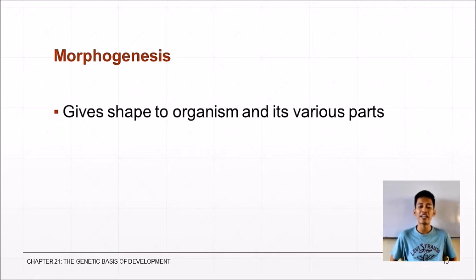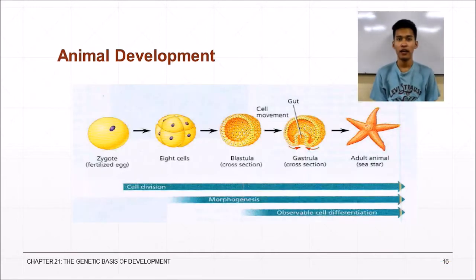However, morphogenesis in plants and animals has significant differences. In animals, but not in plants, movements of cells and tissues are important for embryonic development. This movement gives the three-dimensional shape of an organism. Let's take, for example, the starfish.